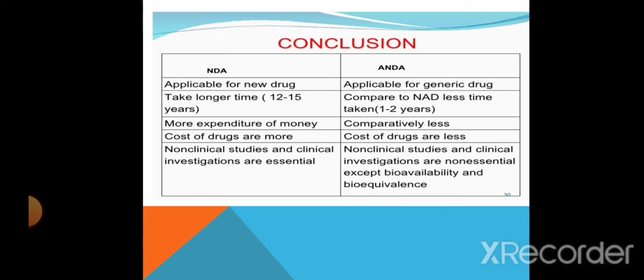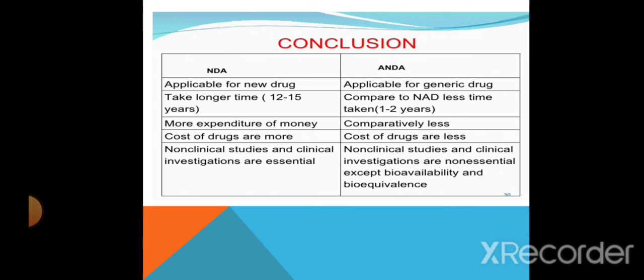And thus, in conclusion, what is the difference between NDA and ANDA? NDA is applicable for a new drug, that is, to make a new formulation with a new drug. ANDA is applicable for a generic drug. After a new drug's patent ends, it comes to ANDA, the generic.